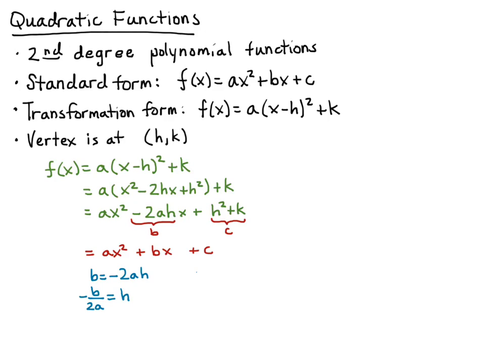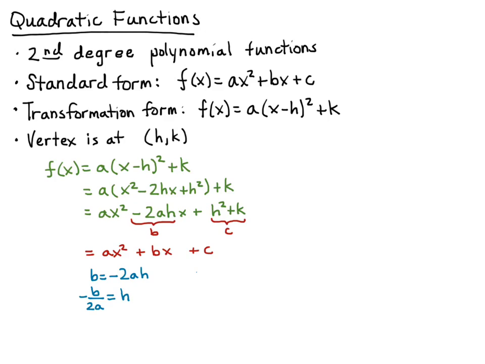So if I take a polynomial, any polynomial, let's say 3x squared plus 6x minus 5 equals f of x.